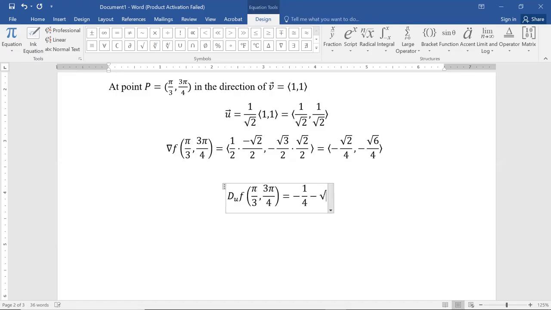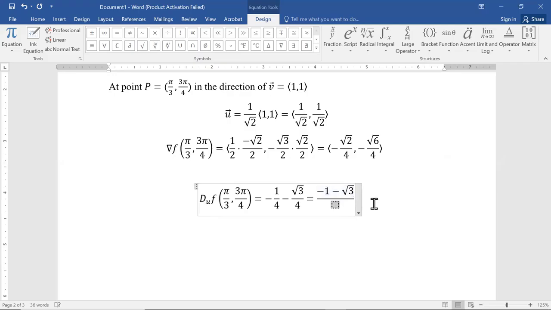well, root 6 over root 2 is going to give me square root of 3 over 4. So basically what I'm getting is negative 1 minus the square root of 3, divided by 4. I can type that into my calculator. When I do that, I get about a negative 0.68.